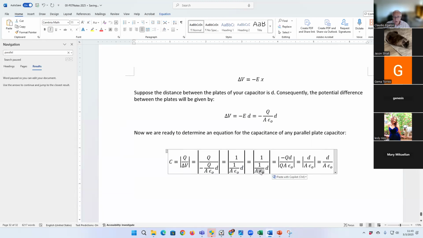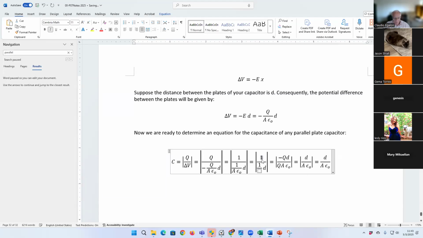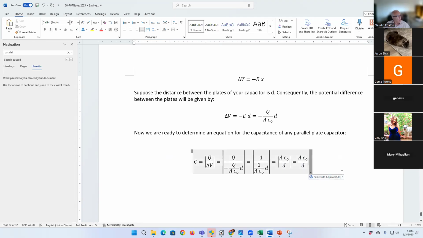The A epsilon naught goes upstairs. Okay, and that's the correct result for the capacitance of a parallel plate capacitor.